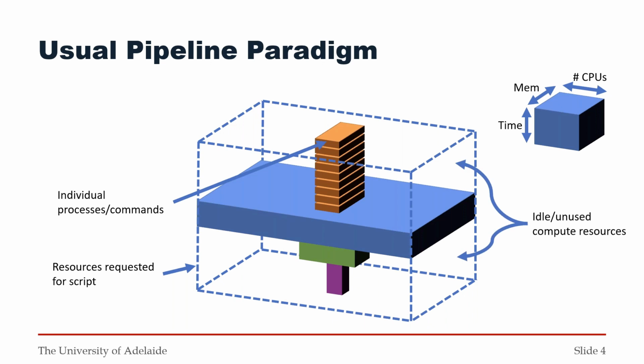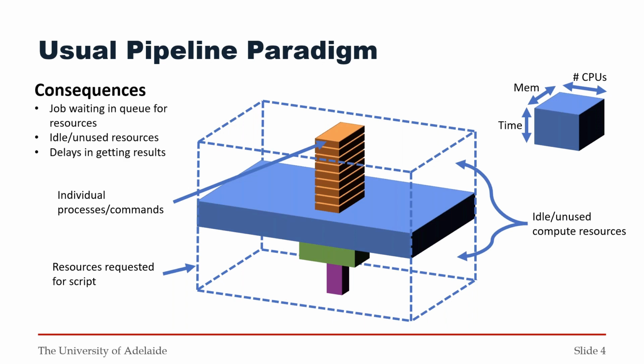And what you end up with is all of this white space here representing idle, unused compute resources. The consequence of this is that you are over-specifying the resources for your entire pipeline, and this big block, the dotted lines, ends up being queued in the system for a period of time until all of that resource is available to run the script.